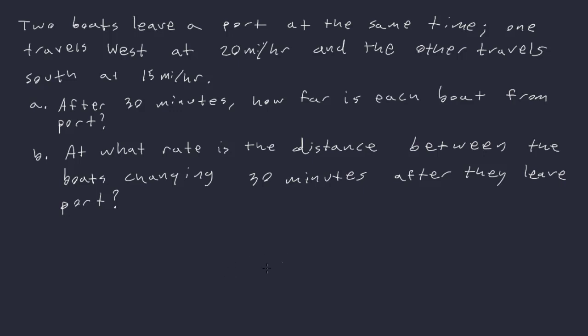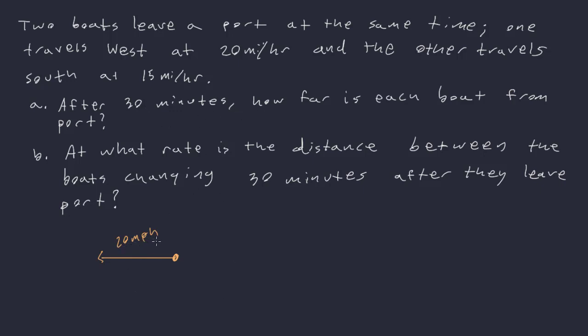So if I wanted to draw a picture here, let's say the port is right here, and we're told that the first boat travels west at 20 miles an hour. So if it's traveling west at 20 miles per hour, then after 30 minutes, it should only get 10 miles, right?